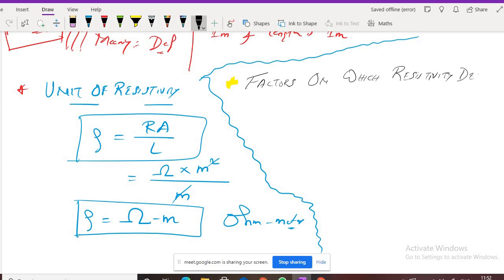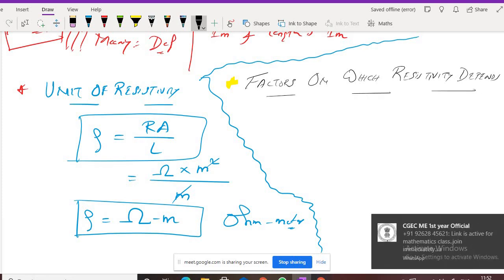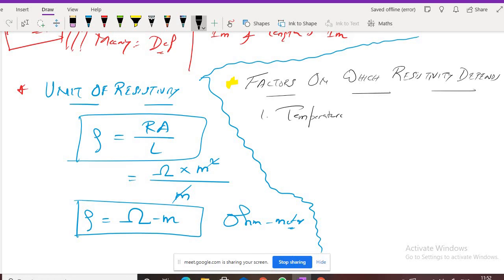Remember, my dear students, that resistivity depends on two factors. Number one is temperature, and number two is nature of material.